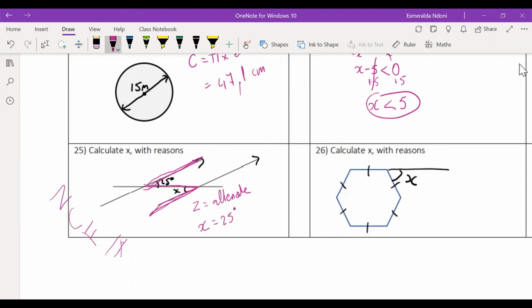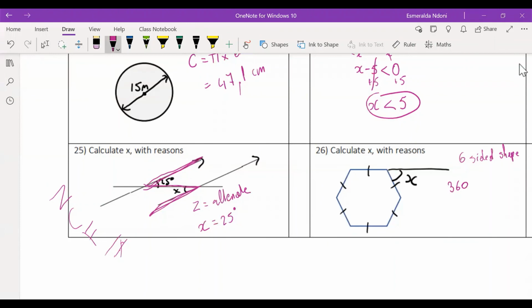Question 26. Calculate x with reasons. Okay, I can see that I have a regular shape which has 1, 2, 3, 4, 5, 6 sides. So I have a 6-sided regular shape. And it's asking me for an exterior angle. I know that the sum of all exterior angles in the regular shape is equal to 360.